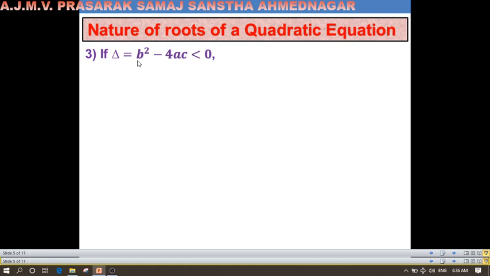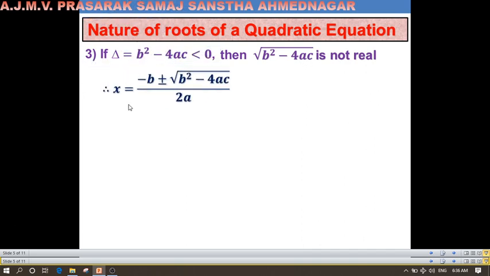Third, if delta is equal to b square minus 4ac is less than 0 means negative. Therefore, root of b square minus 4ac is not real because we cannot find the root of negative number.